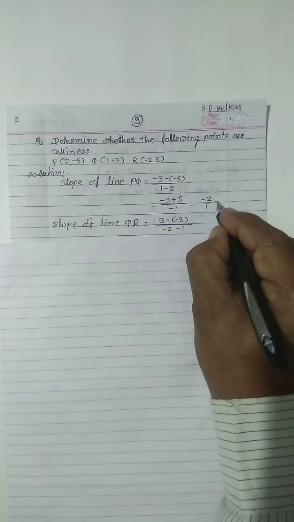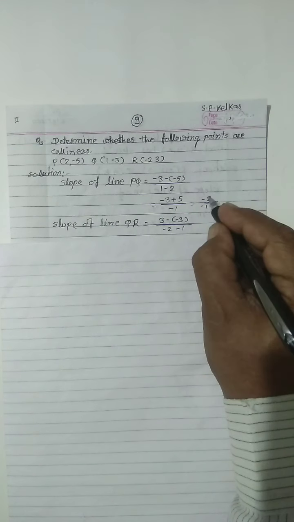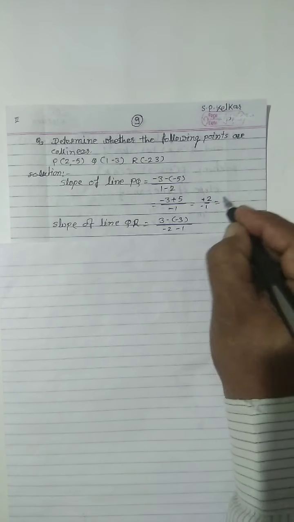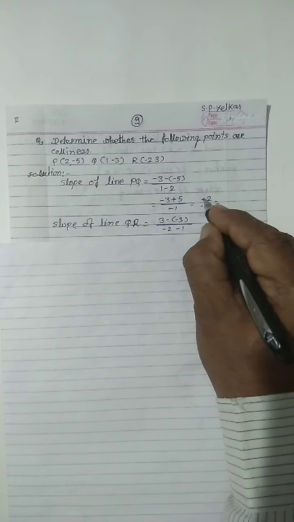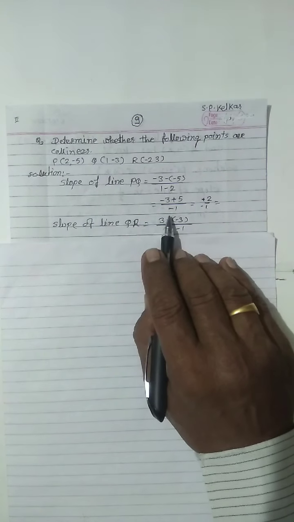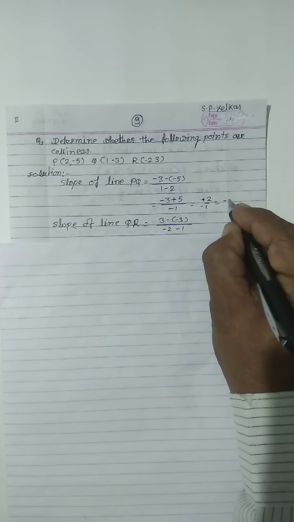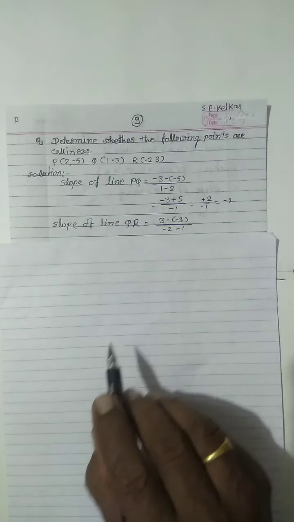Then we write the final answer: minus 2. It means the slope of PQ is minus 2.